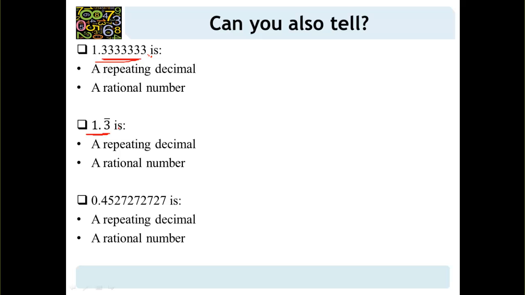If it's 0.45, you pronounce it digit by digit, because it is a decimal. Now, if you pronounce it as forty-five, it's as if you're pronouncing it as a whole number. Okay, so this is a repeating decimal and a rational number.